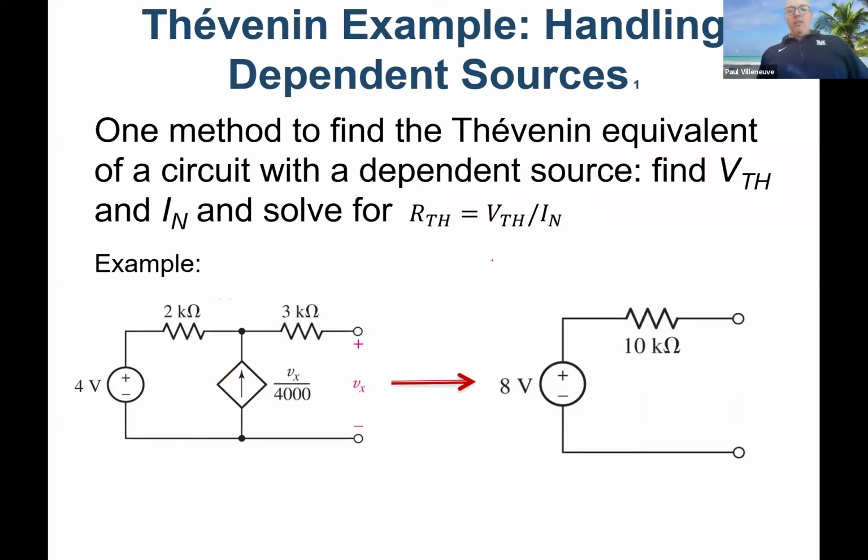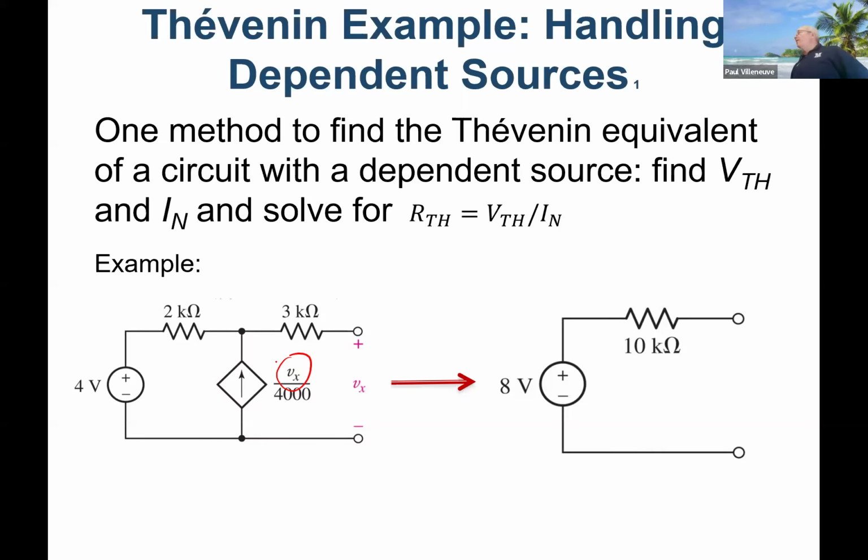You also could apply a test voltage or a test source. And we'll see how to do that once we get through some of the stuff with dependent sources. So if you have a dependent source, what do you need to do? Well, I've got a Vx over here, right?